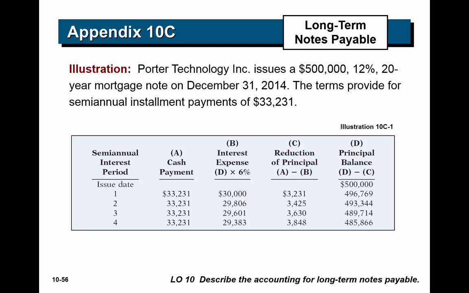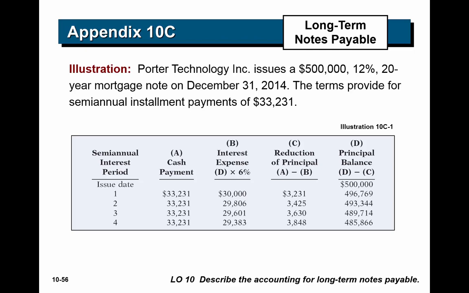That's A, cash payment. The interest expense is, in this case, the amount of principal times 6%. Really what it is is the amount of principal times the rate of 12% times 1/2, or 6/12, because it's 6 months worth of payment. But that comes out to be 6% in this case.